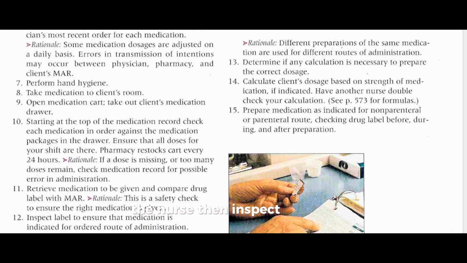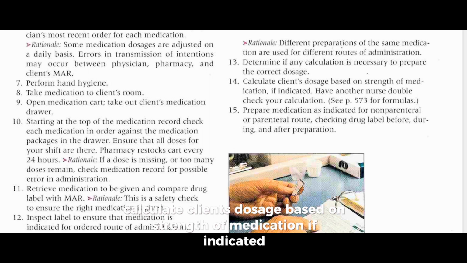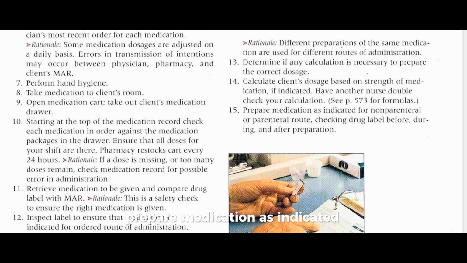The nurse then inspects the label to ensure that the medication is indicated for the ordered route of administration. Then they say, determine if any calculation is necessary to prepare the correct dosage. Calculate the client's dosage based on the strength of the medication if indicated. Prepare the medication as indicated for the non-parenteral or parenteral route, checking the drug label before, during, and after preparation.